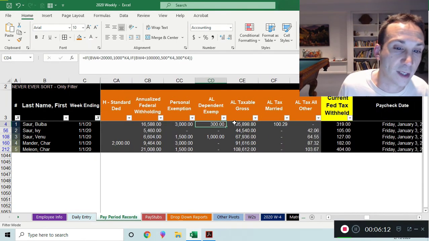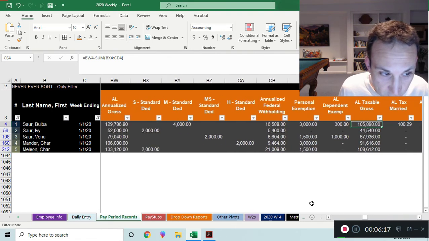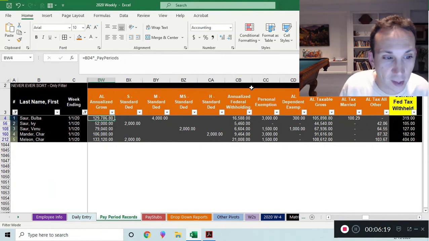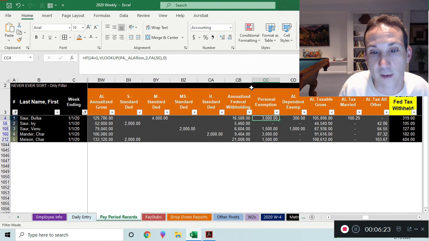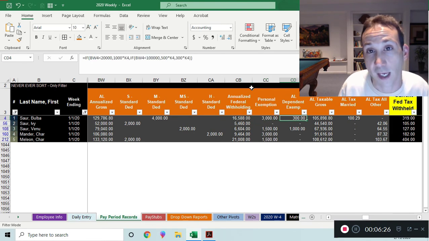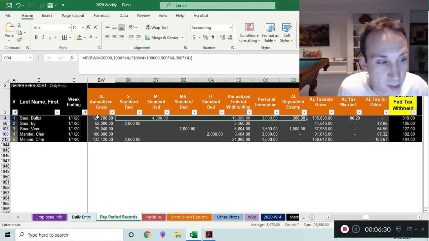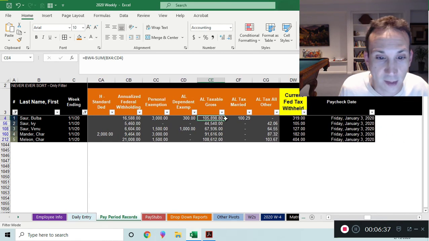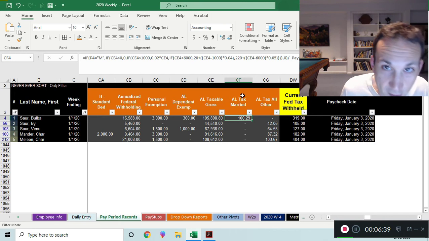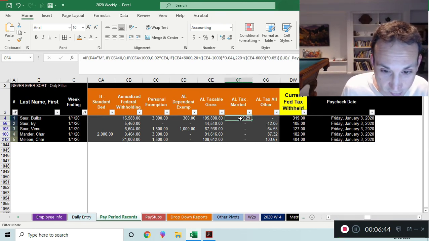They want to figure out then what is your taxable base by taking your annualized taxable income right here and subtracting out the standard deduction, the annualized federal amount, the personal exemption, whether or not you took it, and your dependent exemptions. All these 4 things come out of this to give you an actual taxable amount of Alabama gross income to be taxed. And then you multiply that by a formula if you're married, or a different formula if you're not under the married filing status.